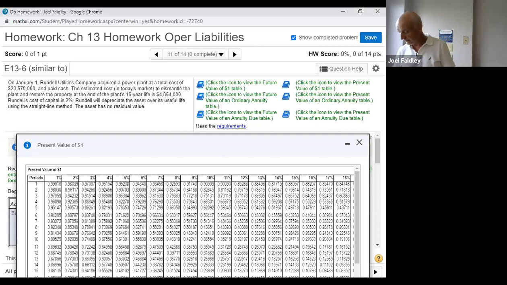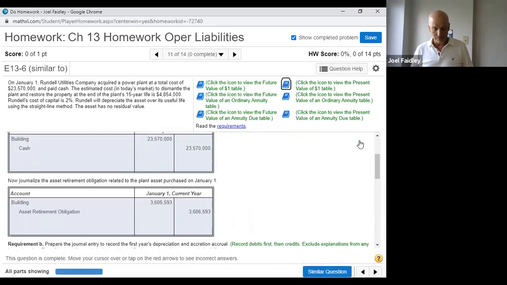So if we multiply 0.74301 times 4,854,000, we get 3,606,571. It's off a little bit, about $22 by using the tables. So we want to use Excel, because Pearson accepts the Excel answer, not the table answer. Interesting enough.